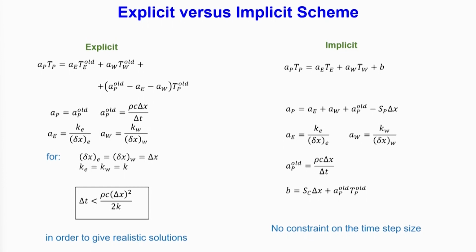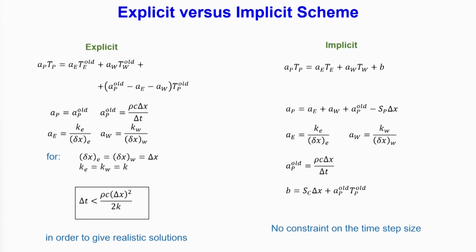Now, recall the 4 golden rules, all coefficients have to be positive. Here AE and AW are positive, so the last one also has to be positive. For the last one to be positive, you must have AP old greater than AE plus AW, and that brings us to the last equation.